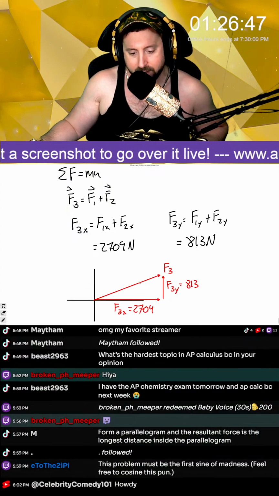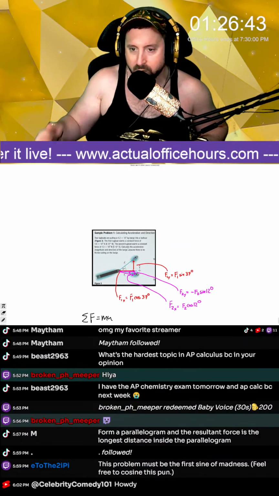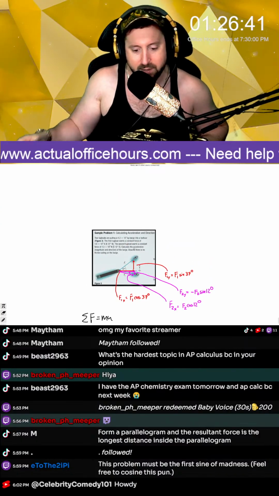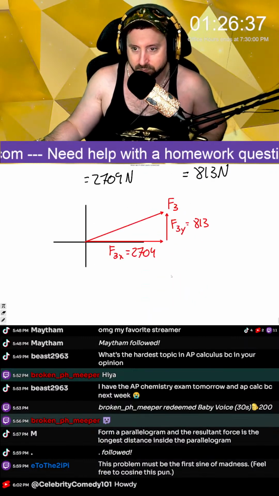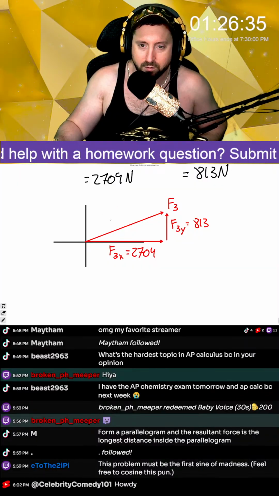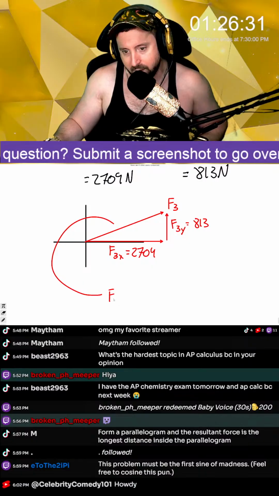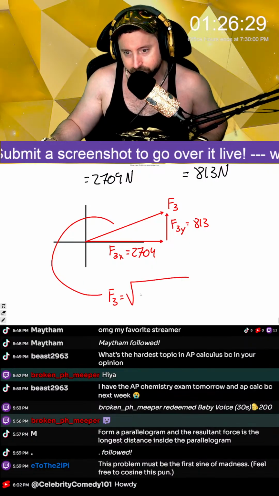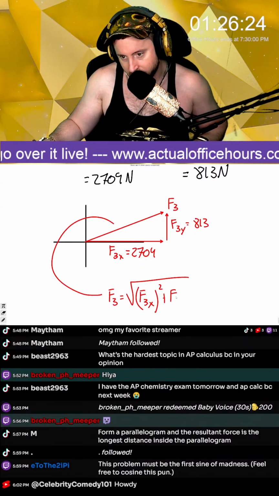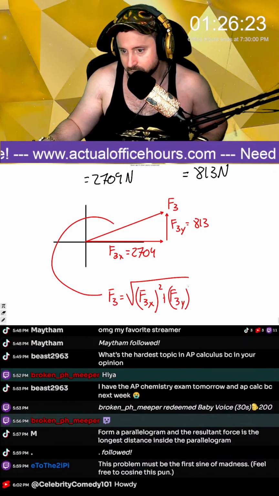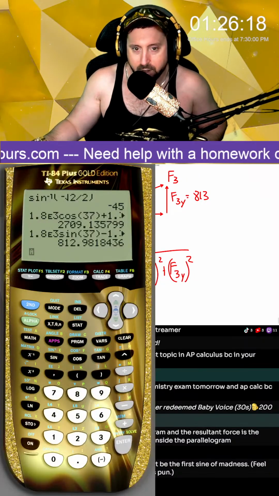But we want to know the total force, not just from the components, because we eventually need the total acceleration, and then we also need the direction. So you get this by doing the Pythagorean theorem. So I'm going to say that F3 is equal to the square root of F3x squared plus F3y squared. We can get some calculations for that.